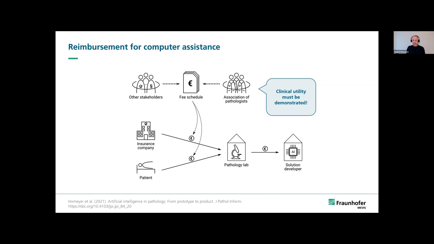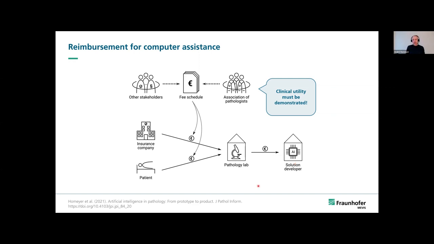For pathology labs, the use of AI solutions causes investment and operating costs. In this illustration here, these are the pathology labs. The pathology labs have to pay the solution developers for using the AI solutions, licensing costs, whatever, and they also need to acquire the necessary equipment, like GPUs, for example.